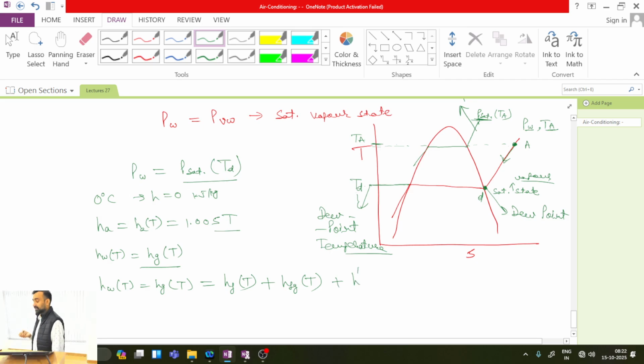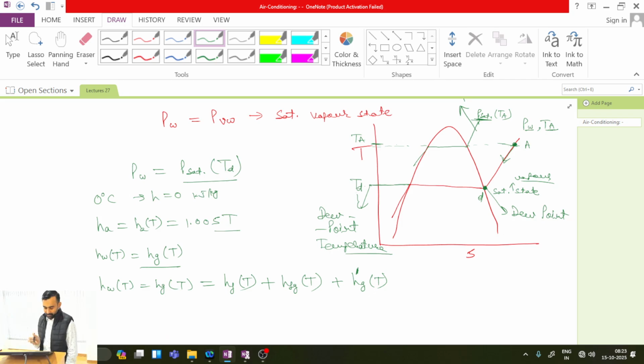Some part of enthalpy, because it may so happen that if my moist air is not fully saturated, then the water vapor is in which state? Superheated state. So in the superheated state also I will have some sensible enthalpy portion. So that is H dash G, because HG I am writing as the total enthalpy, that's why I am using this as H dash G at T. Anyone having any doubt about this?